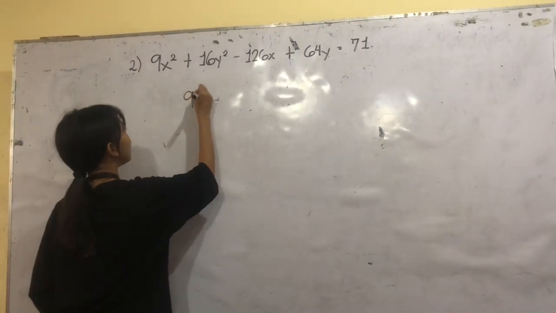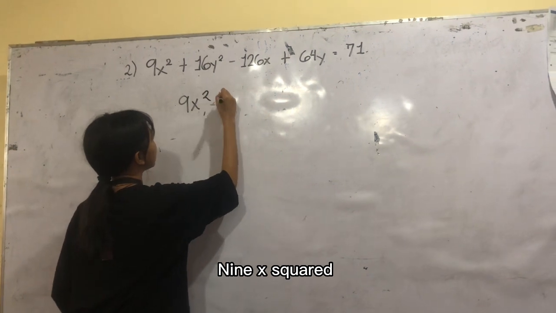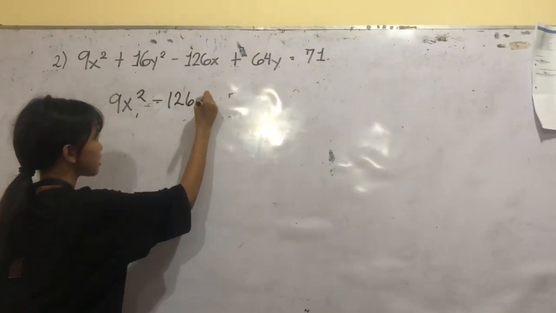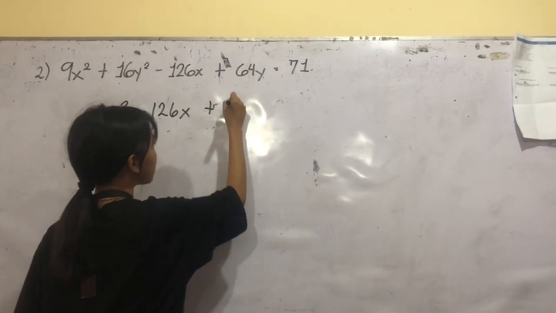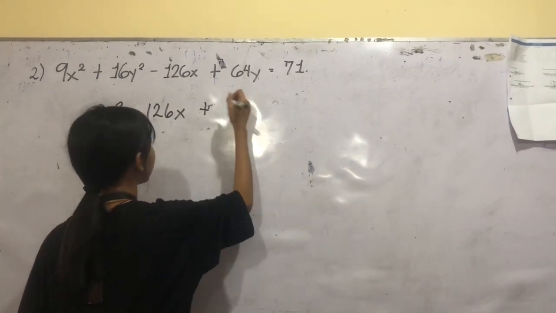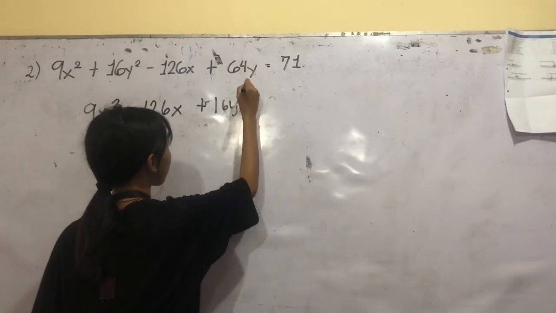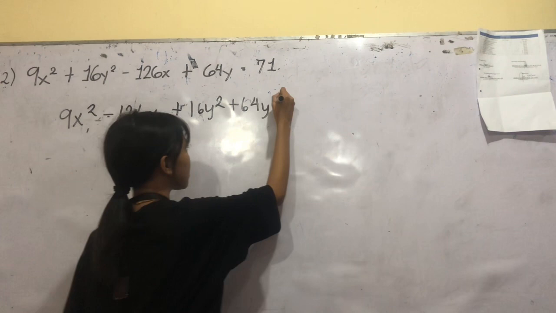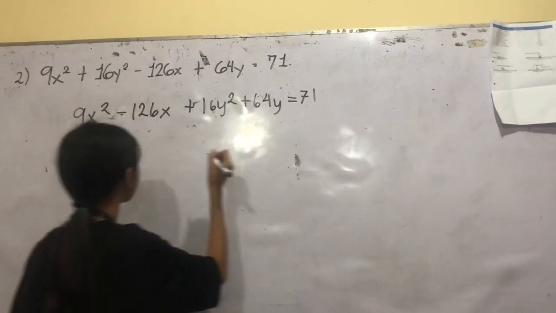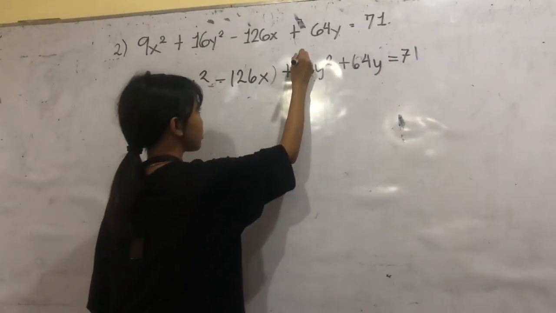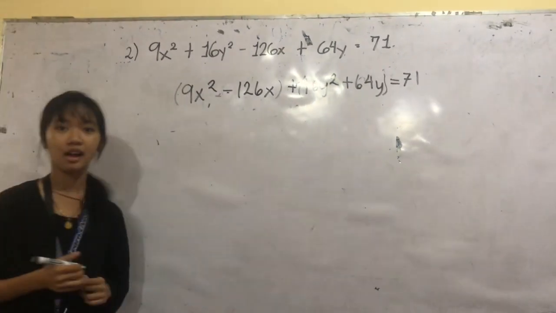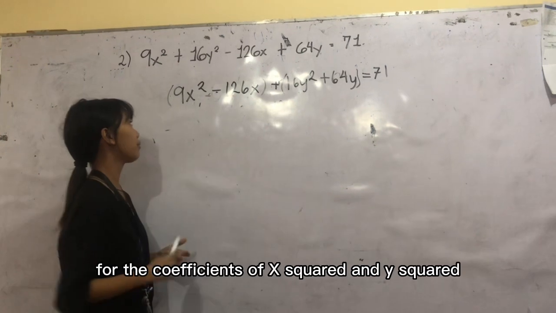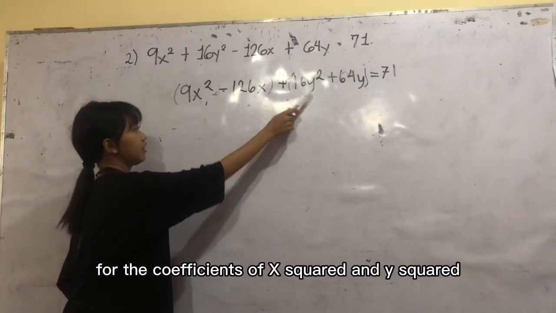Now, 9x squared minus 126x plus 16y squared plus 64y. Afterwards, let us divide this term and this term by the coefficients of x squared and y squared.